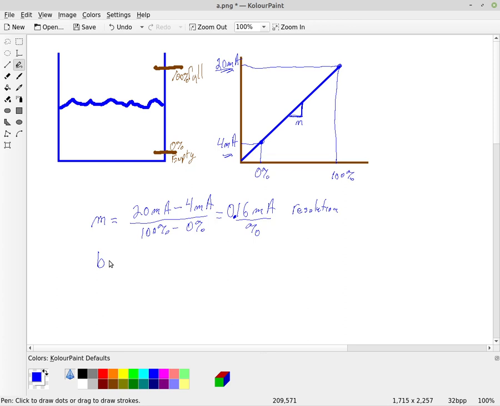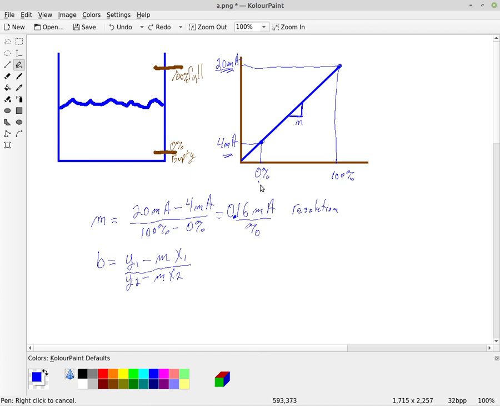So the intercept B is y1 minus m times x1. Or we could also use y2 minus m times x2. You could use either one of those equations to calculate B, but typically y1, x1 is the best choice, because usually one of these values is in fact 0, as we see here.